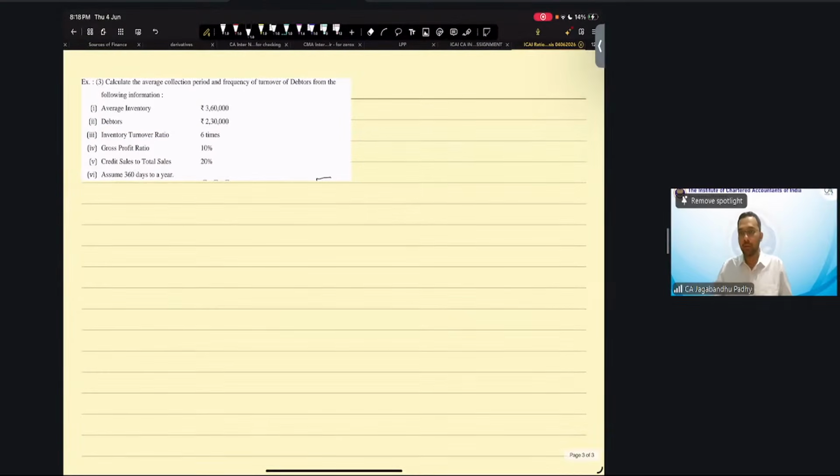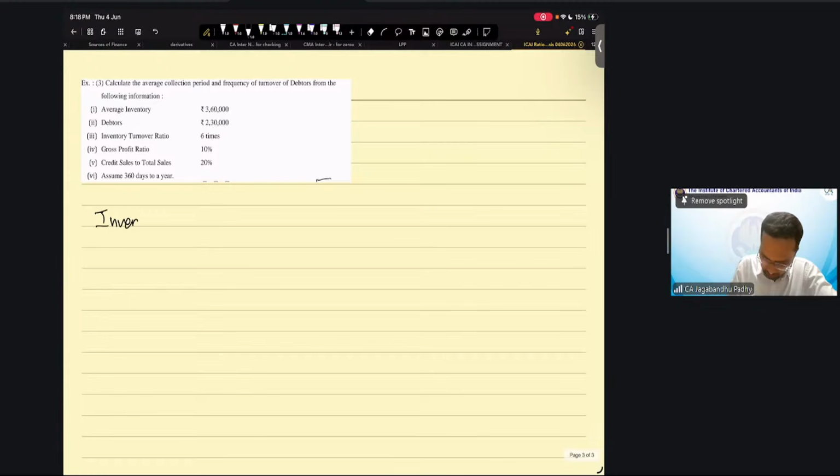Okay, let's try to solve this. So we have the average inventory as 3 lakh 60 and inventory turnover is 6. So inventory turnover is 6. So this means it is COGS upon average inventory. Okay.